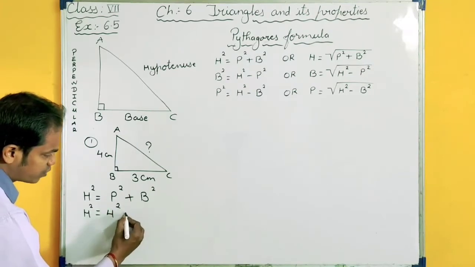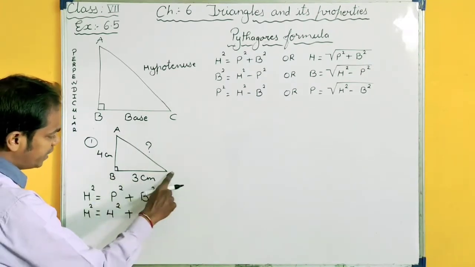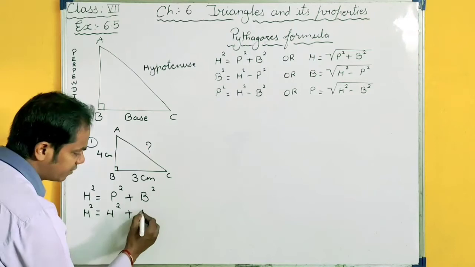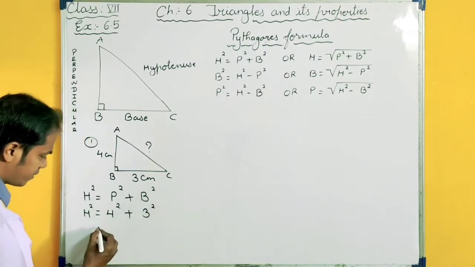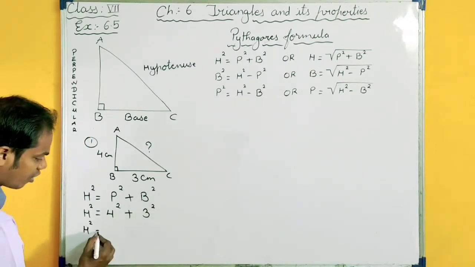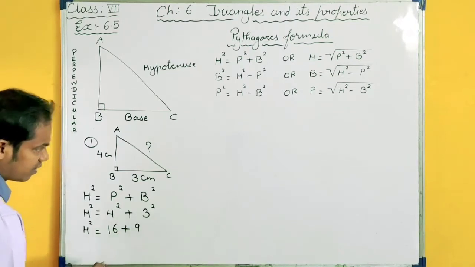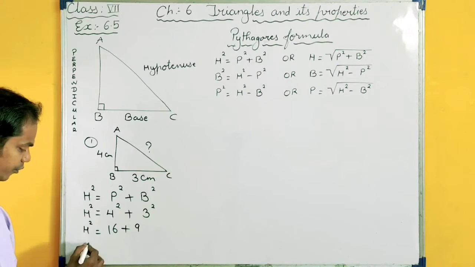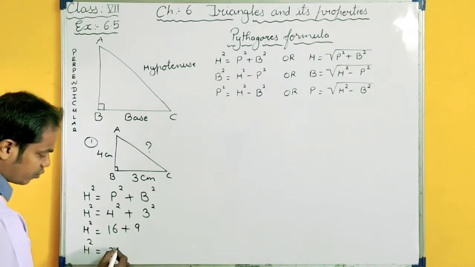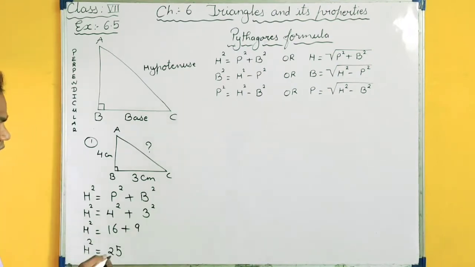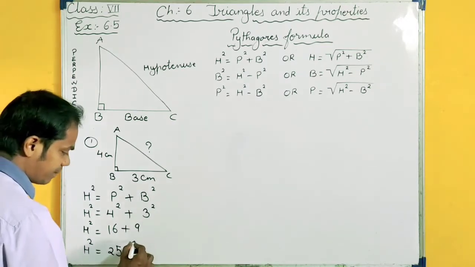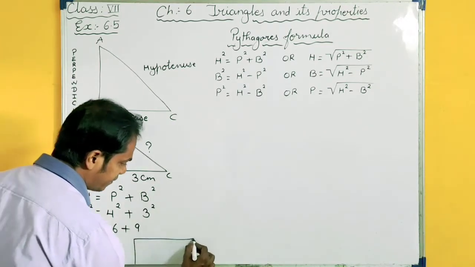So you will write 4 square. What is your base? BC, 3 centimeter. So 3 square. Now 4 fours are 16 and 3 threes are 9. So hypotenuse square is equal to 25. So what will you do in the final step?